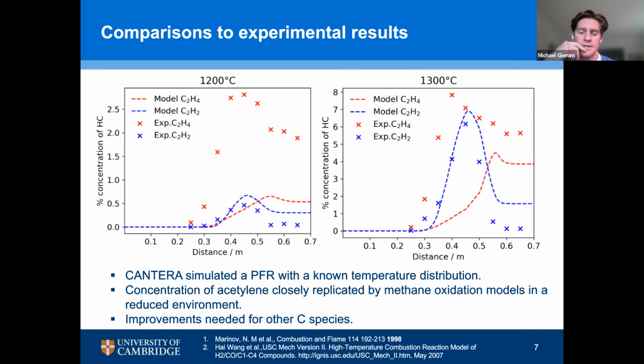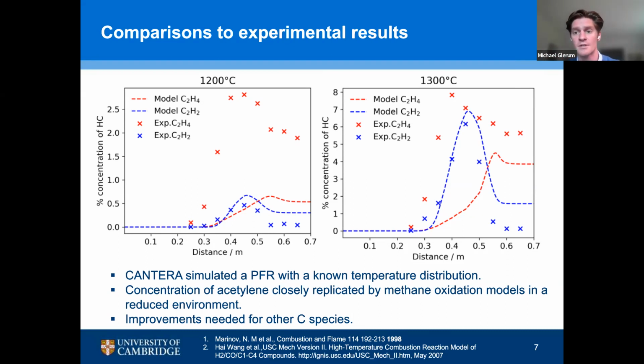What we found, even though this is not actually confirmed, is that what is predicted from the literature as the most active species for carbon nanotube formation, which is acetylene, is really well modeled by these oxidating mechanisms in the literature. As you can see, the blue line shows not only the distribution along the reactor axis, but also the order of magnitude, which is both well modeled and shown experimentally.